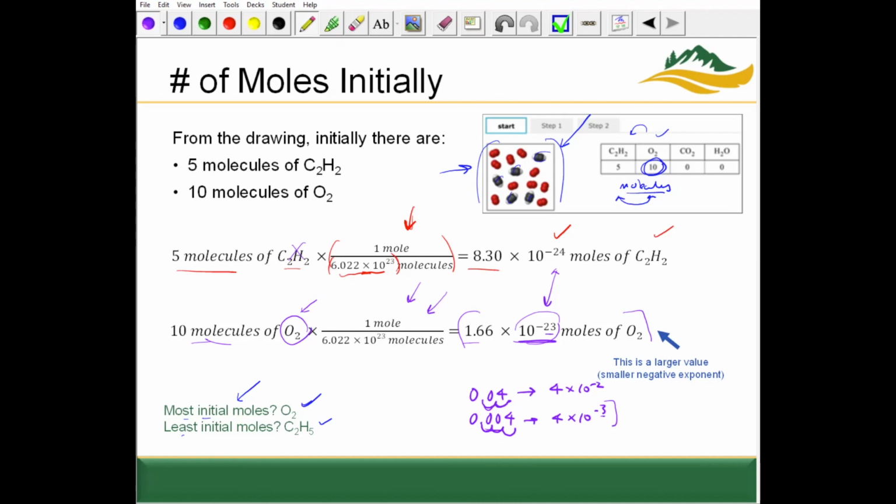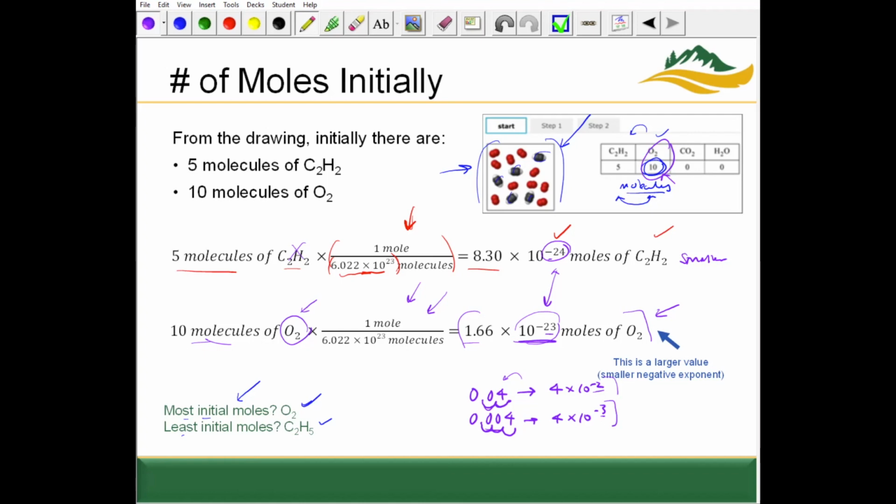So this is a larger negative exponent. This is a smaller amount of moles. I know it's difficult to tell using these large exponents, so here's how we can think of that. The smaller negative exponent, that's the larger value. So again, this is the larger number of molecules of O2 to start with, and therefore also the larger number of moles to start with is for O2.